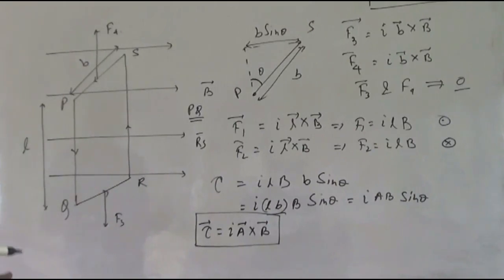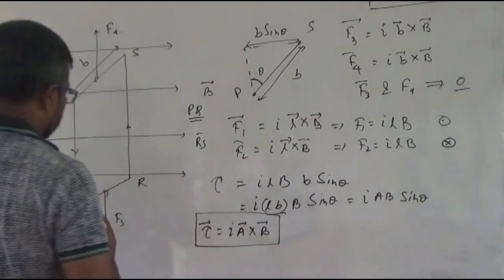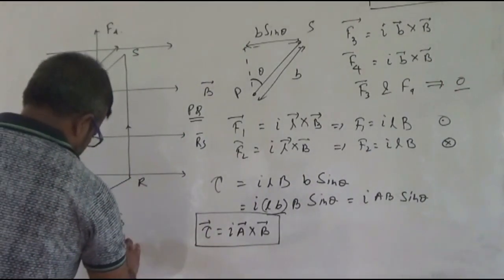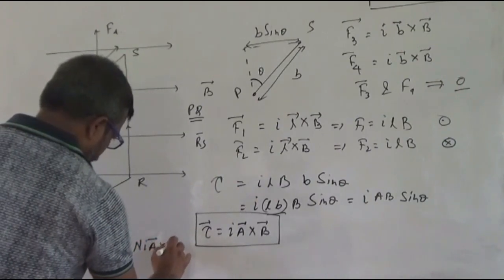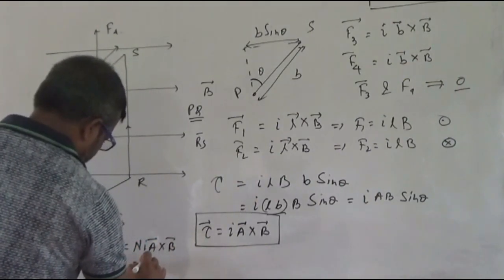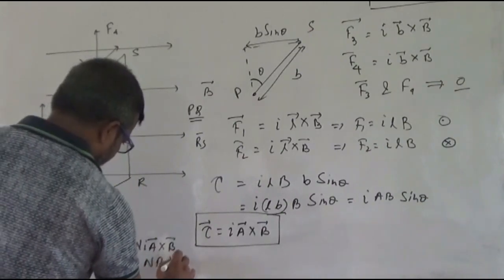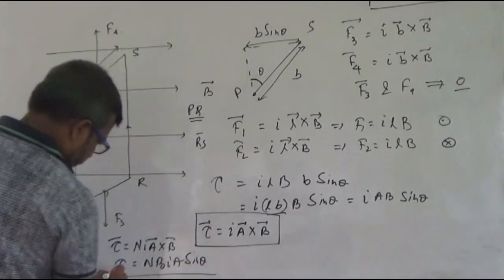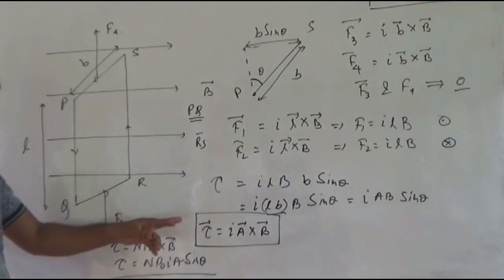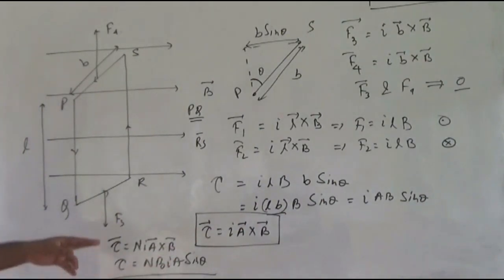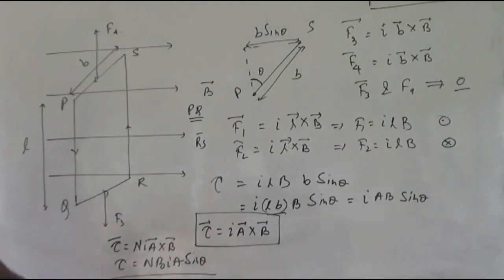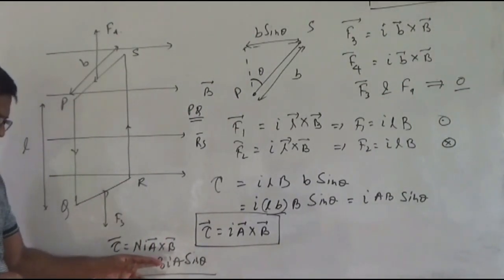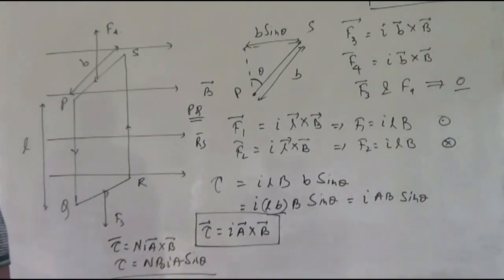Now if the loop has n turns, then the net torque acting on this loop will be equal to N I A cross B, or you may say the magnitude of this is NBIA sin theta. This is the net torque acting on a rectangular loop of n turns placed in a uniform magnetic field.